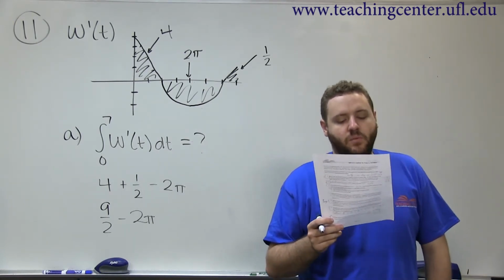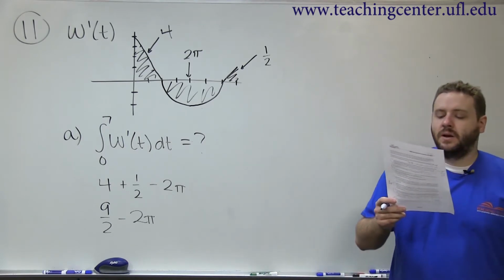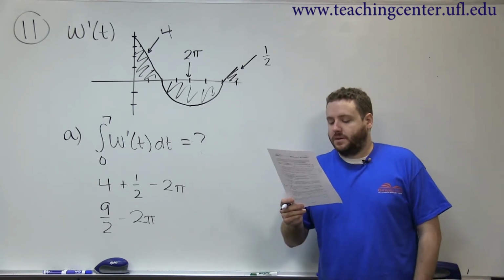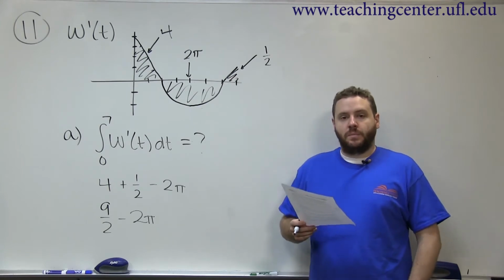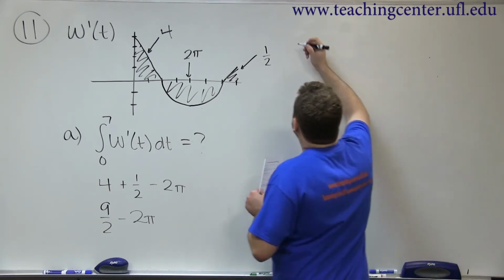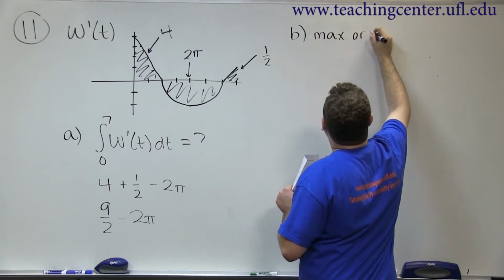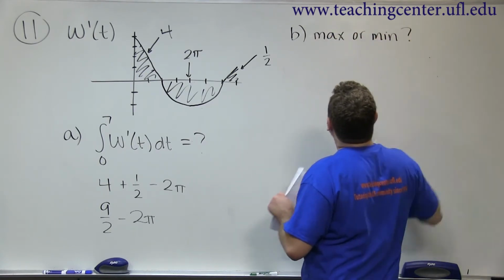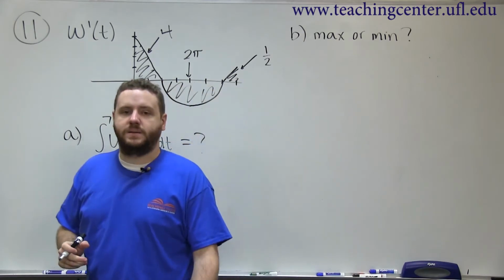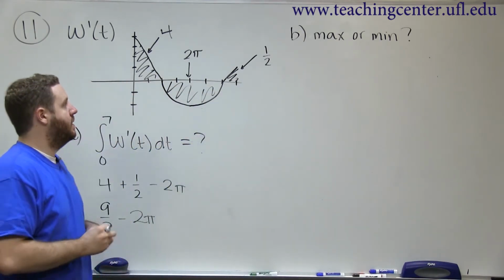So part B asked us for what years after the first year and before the 7th year does the population reach a maximum or a minimum. So we need to find maxes or mins somewhere in this graph.